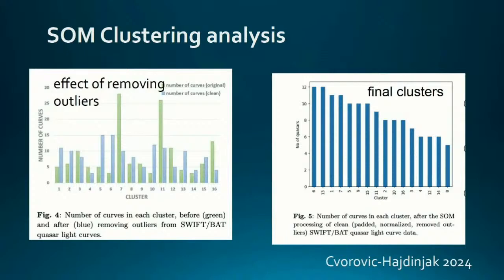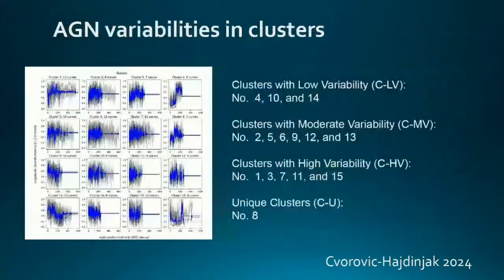So as I said before, before applying the neural processes on the light curves, the data were clustered, and this is the result of the application of the self-organizing maps, and the final result you can see on the right. The process resulted in 16 clusters after the preparation of the data, like removal of the outliers that you can see on the left plot.